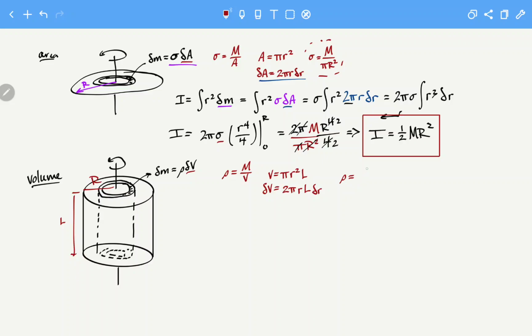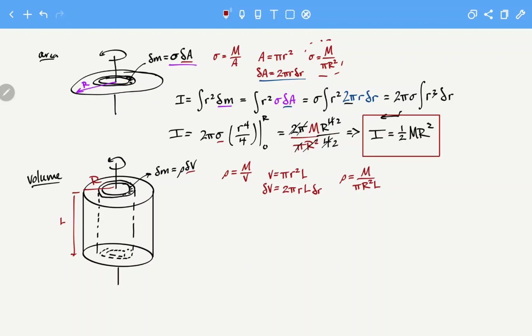It is now mass divided by V, and we know that V is pi r squared times L. And I use the capital R here because that's our radius of the whole thing, because it's a uniform distribution. All right, so we have all that stuff set up.